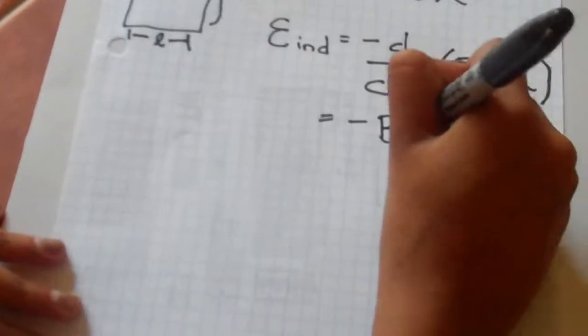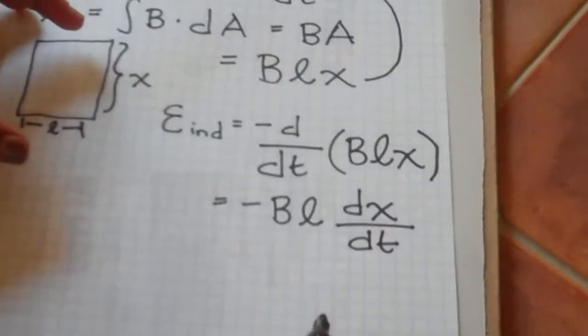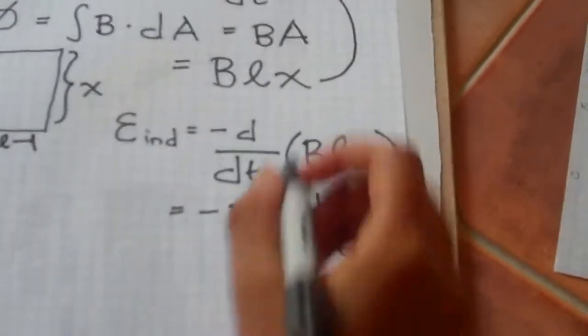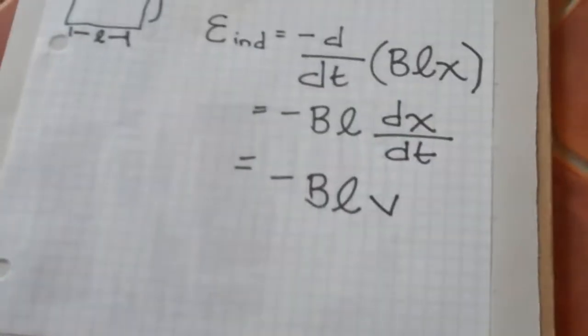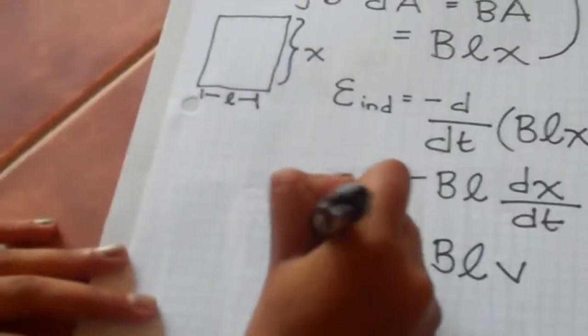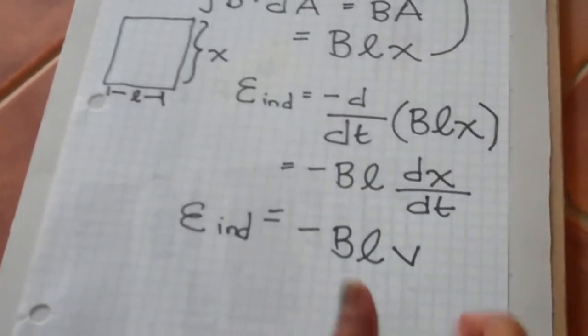However, we do have X changing with time because the wire is moving upwards. So dx dt is an alternative way of saying V, which we are given. So now we know that E induced equals negative BLV.